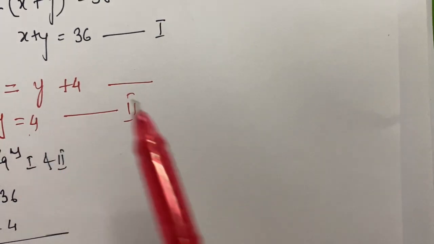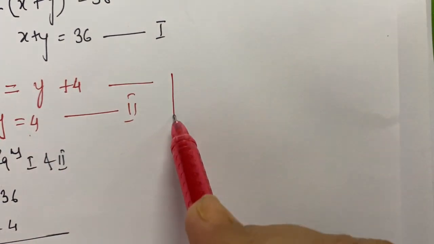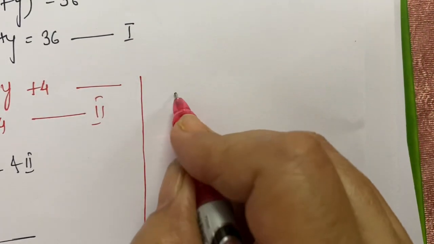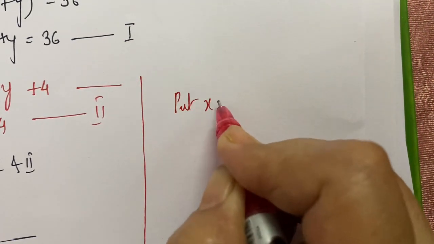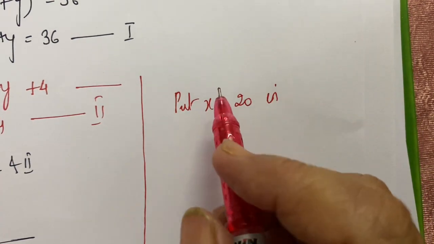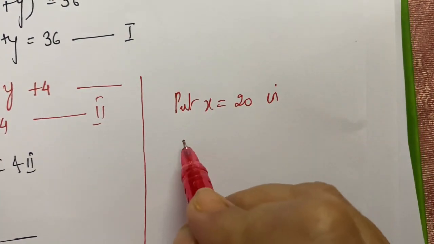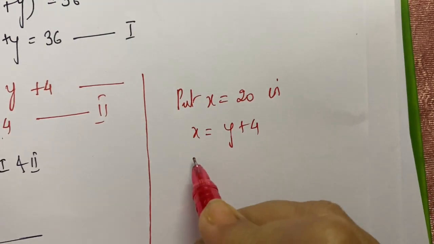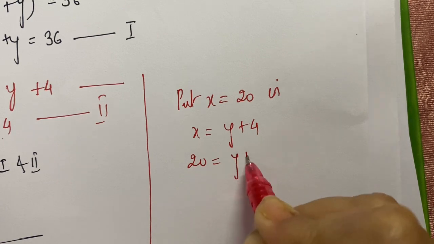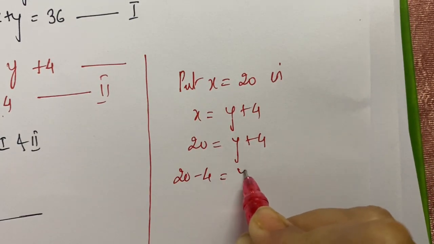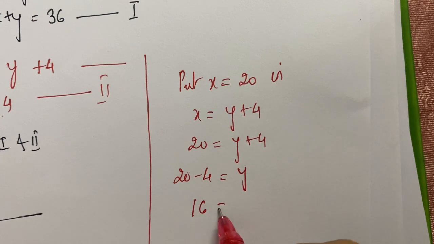Now let us put the value of x in equation 1, or in equation 2 we can go for. Put x is equal to 20 in x is equal to y plus 4. So 20 is equal to y plus 4. So 20 minus 4 is your y. So 16 is your y.